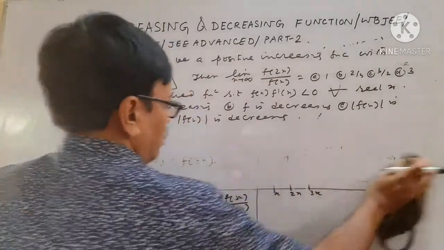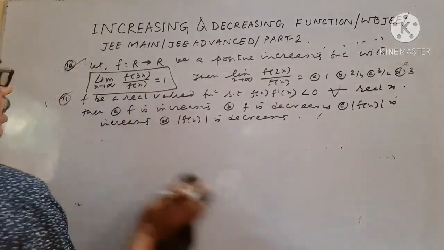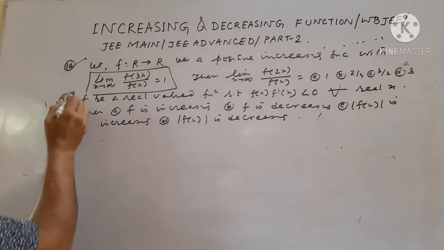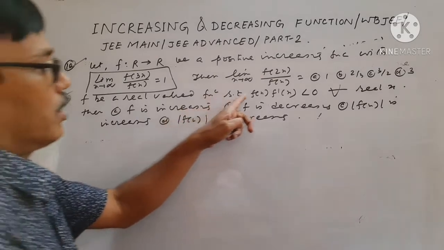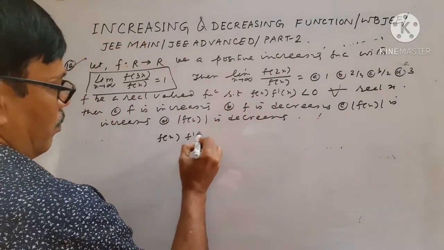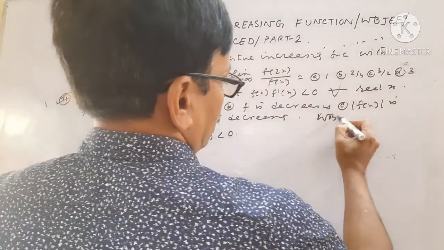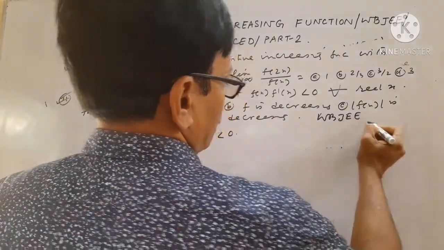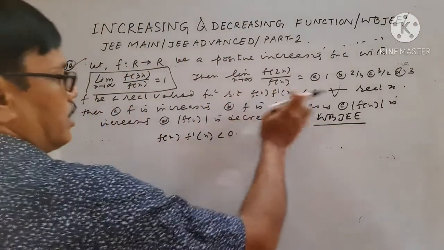Now consider problem number 11. F is a real valued function such that fx into f dash x less than 0. This is 1 marks problem of WBJEE. This one is given.